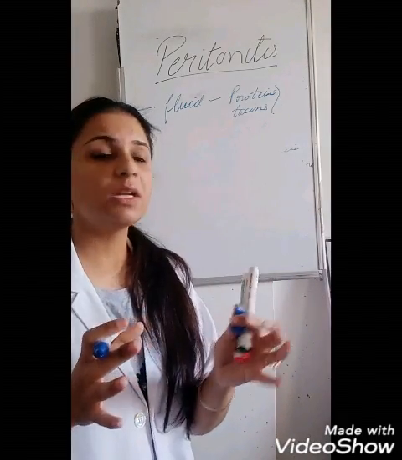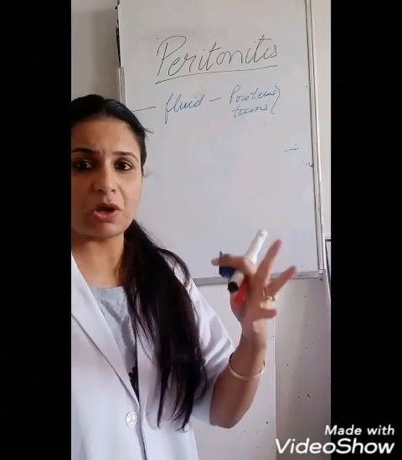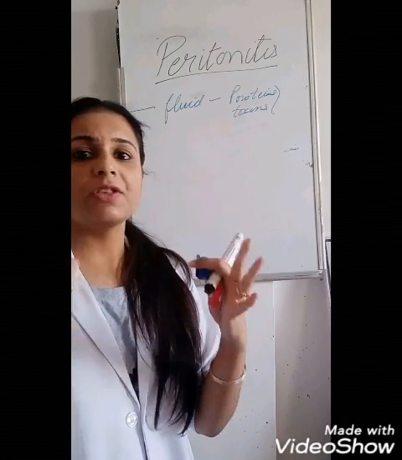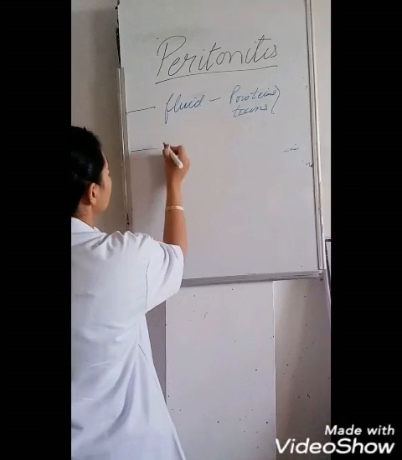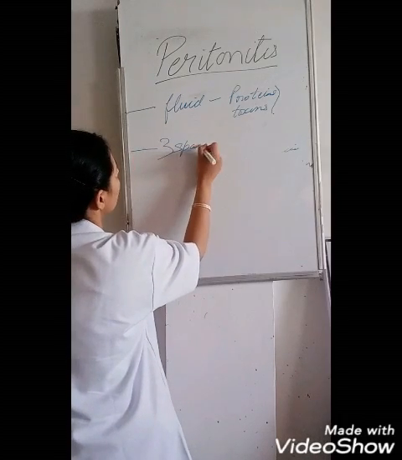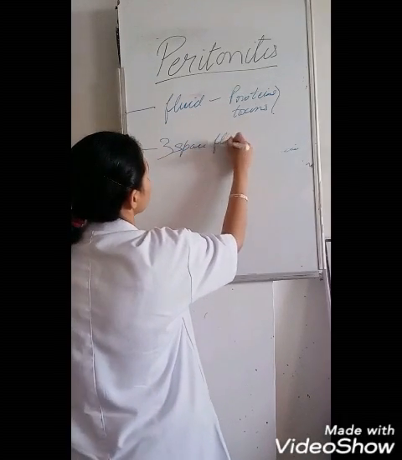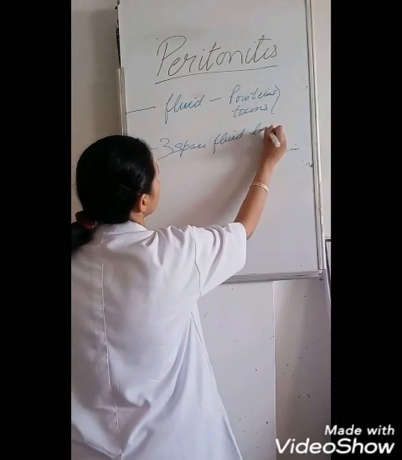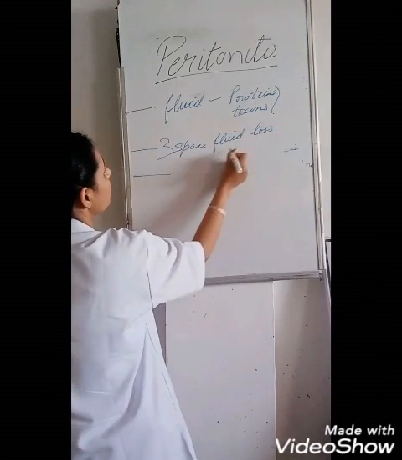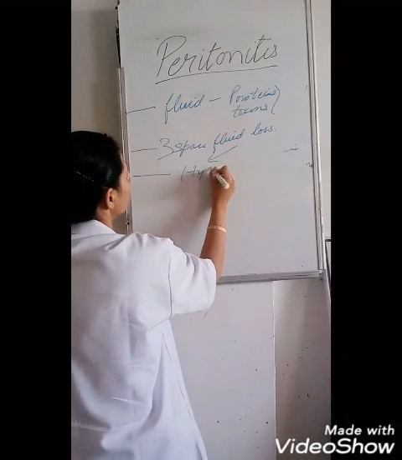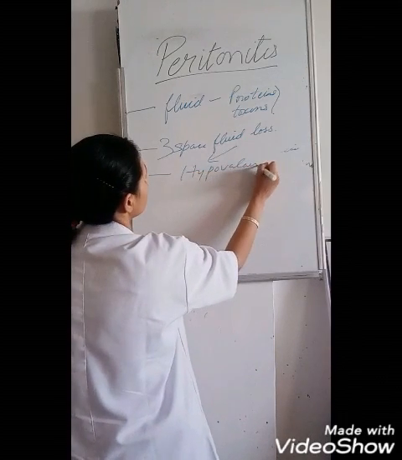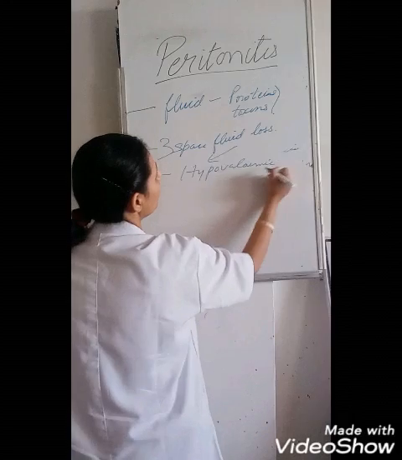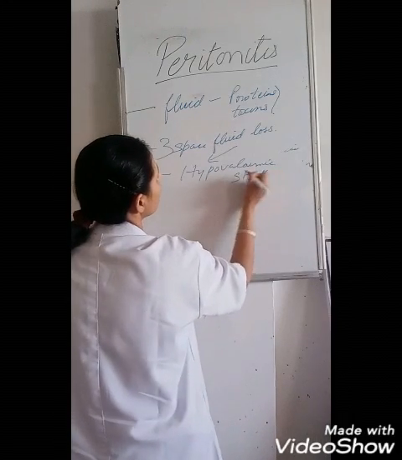Now what will happen? The peritoneum secretes a lot of fluid, and that will result in third space fluid loss. So that will result in hypovolemic shock.